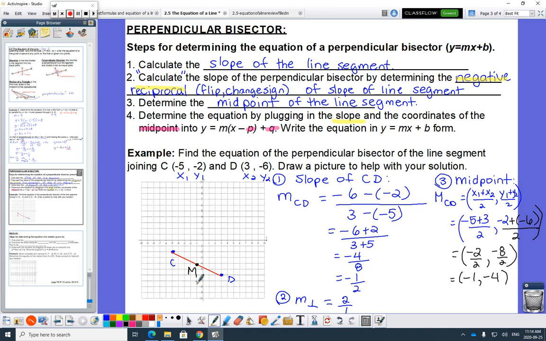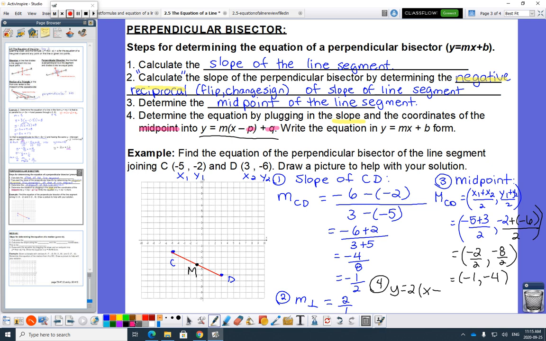Okay? I'm not going to write this out just so I don't have enough room. And the only point we can use, because our perpendicular bisector is going to go this way, again, the only one you can use is the midpoint. So midpoint, PQ. Okay?